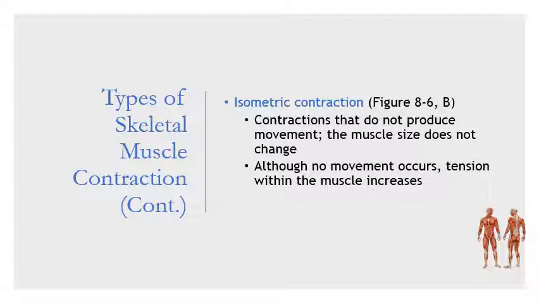You will find that there are people who work out using isometric contractions. It is not the same as lifting weights. You won't see them moving. They will just be moving the muscle itself inside itself. So there's only tension on that muscle. It's not moving.